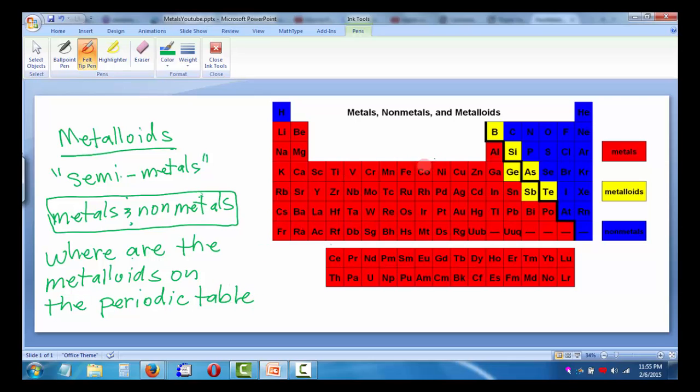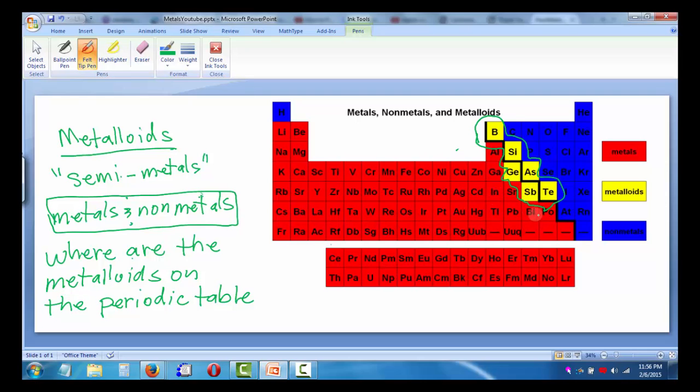So, this yellow region here along the staircase primarily: boron, silicon, germanium, arsenic, antimony, tellurium. These are what we consider our metalloids.